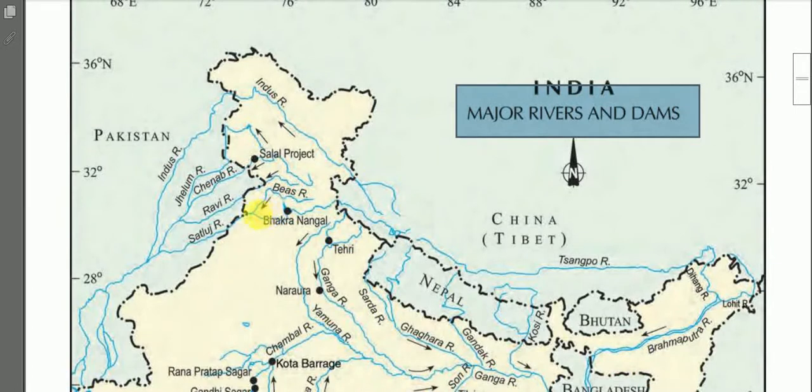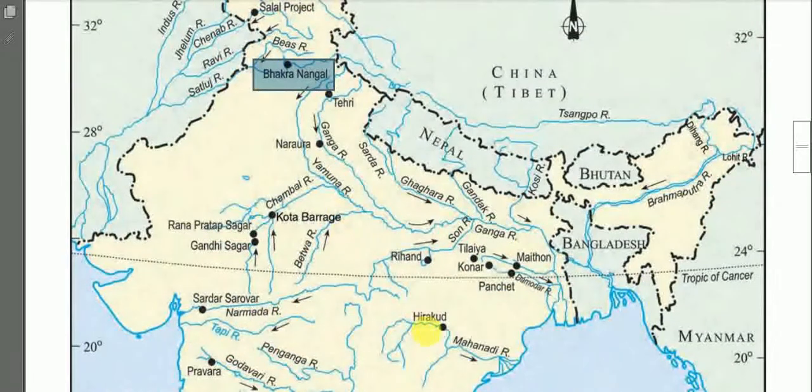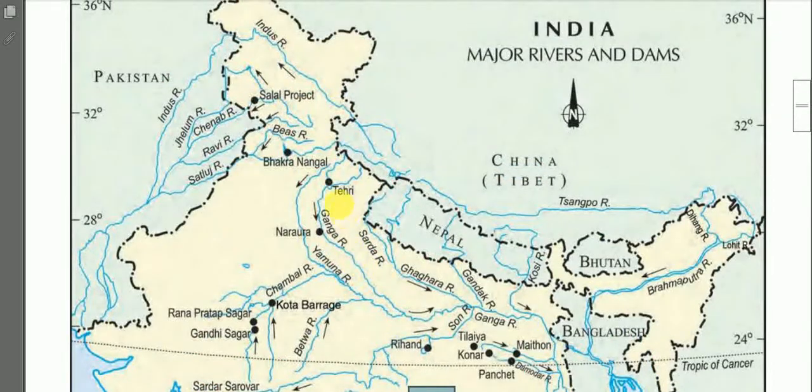Now let us see the location of Bhakra Nangal. See, this is the location of Bhakra Nangal. Then the Hirakud Dam is here. So different locations of different dams are given here. Tehri is there, Naraura is there. So many dams are located here. In the examination, either identification or location of these important multipurpose dam projects will be asked.